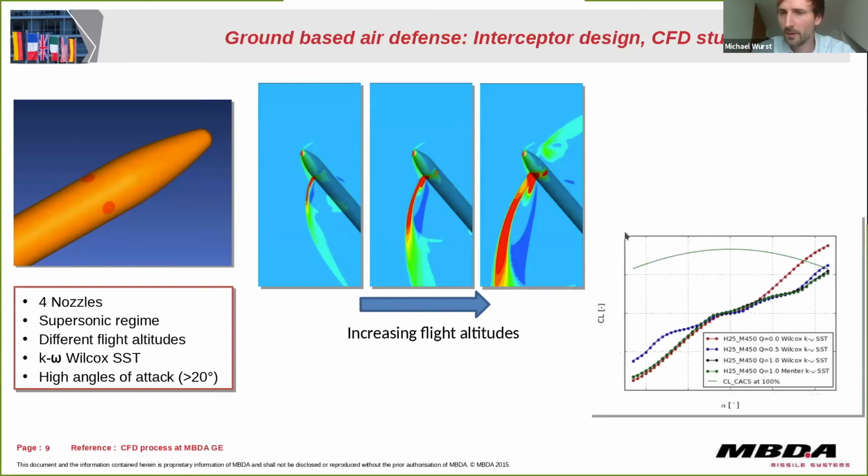And one result I also have here is, if you look at the lift coefficient over alpha, the angle of attack, here I have in the red line that the jet is not on, that the attitude control system is not working. Then the blue line is with 50% power, and the other 2 lines are with different turbulence models at 100% power.